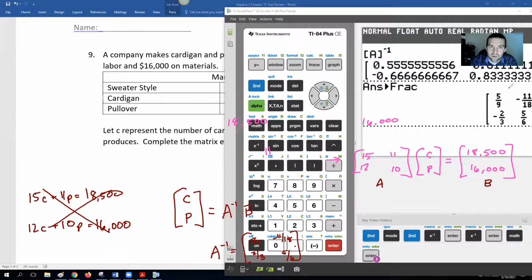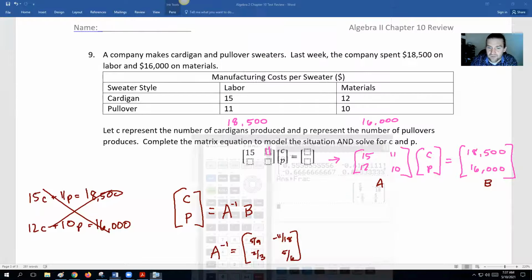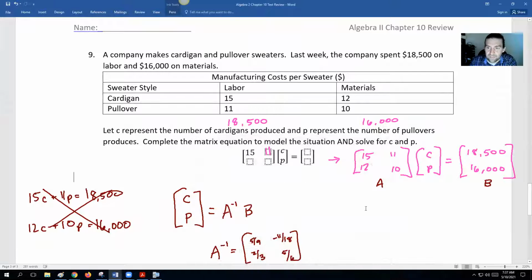I'm going to have to move this so I have room. We're going to take that matrix, 5/9, negative 11/18, 2/3, and 5/6, and multiply it by matrix B, which is 18,500, 16,000.